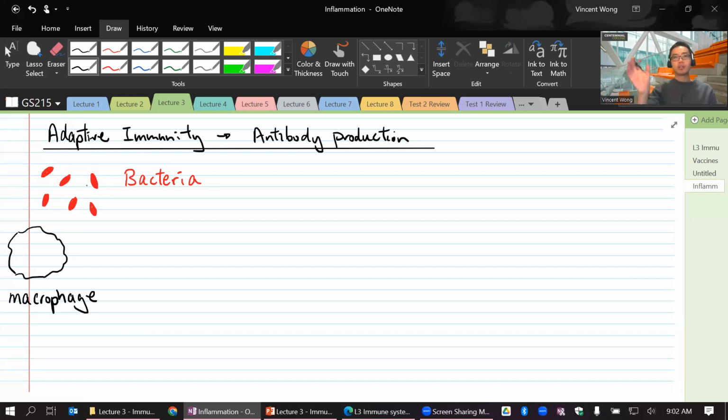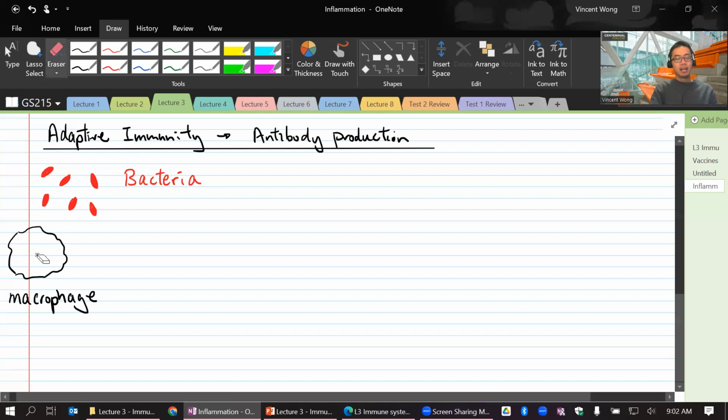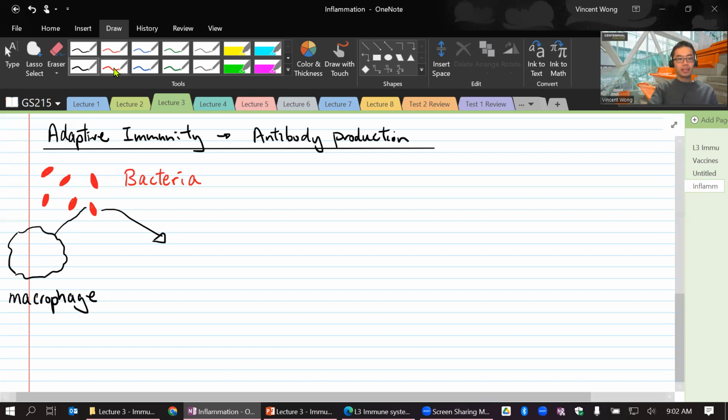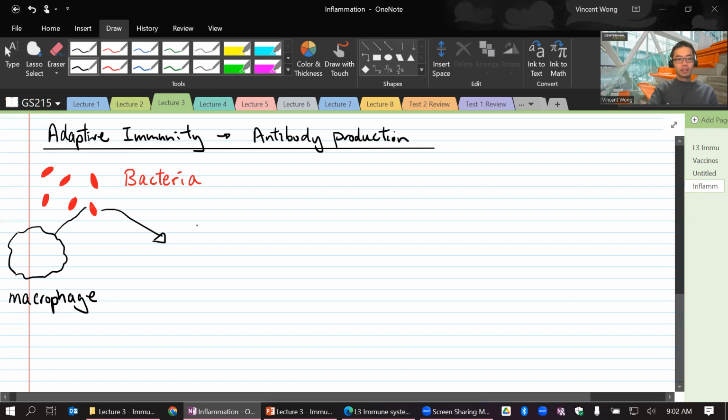There are going to be special molecules that would be part of the PAMPs, the pathogen-associated molecular patterns, that are recognized by the macrophage. So the macrophage is going to come, and then they're going to eat them up. It's going to look like this. Let's just keep it small. Okay, so there we go.